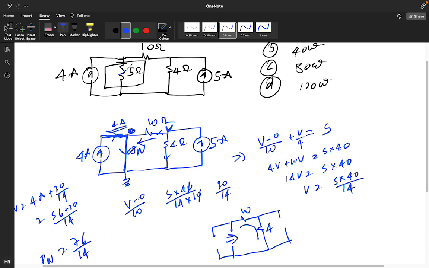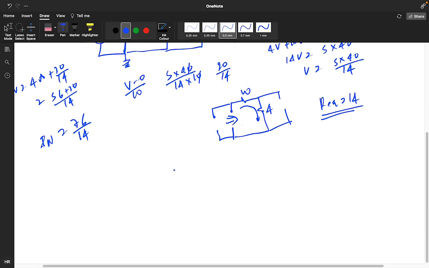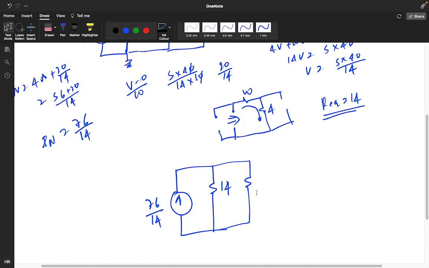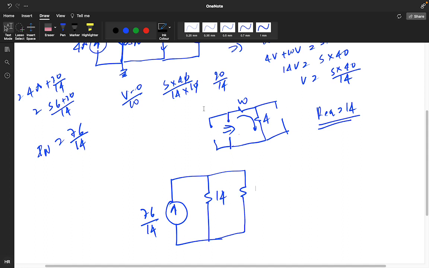You are looking at 10 plus 4, which is 14. R equivalent is 14 only. Now you have IN as 76 by 14, R equivalent as 14, and the load value was 5.